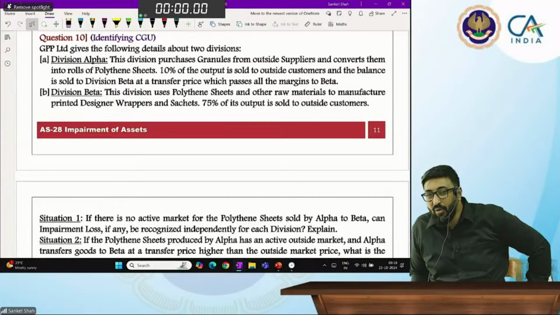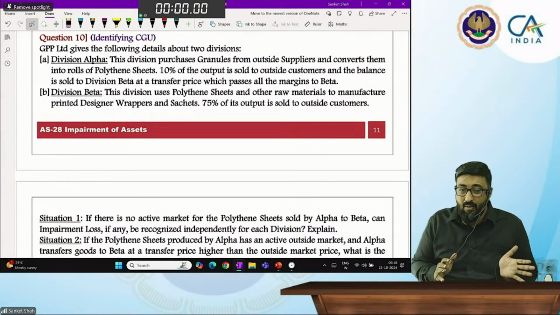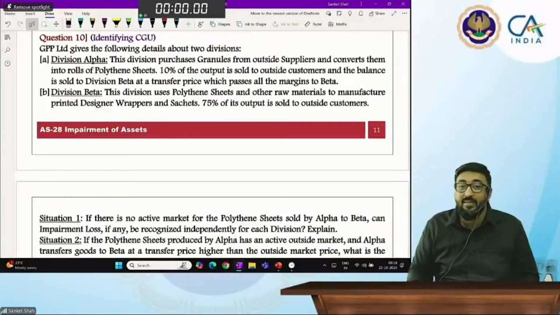So are you going to calculate two different CGUs or only a single CGU? Single CGU. There is no active market for polythene sheets, so I will calculate assets not only related to Alpha but both, and consider them as one CGU.